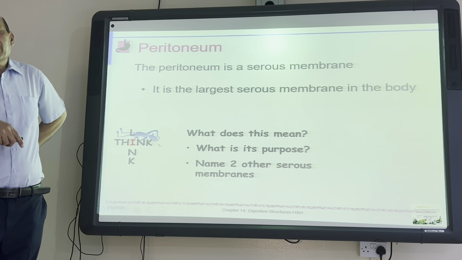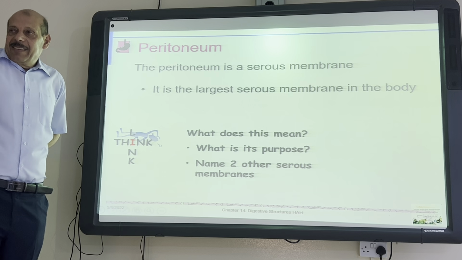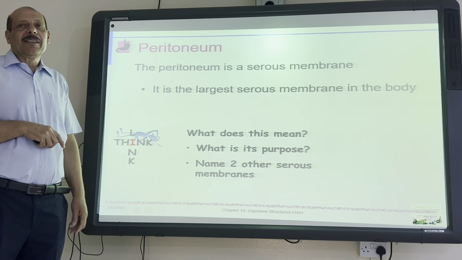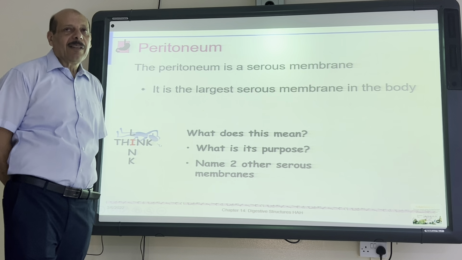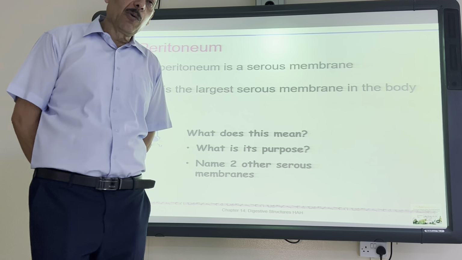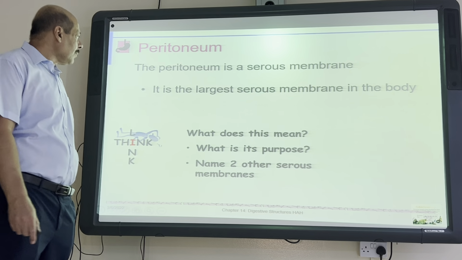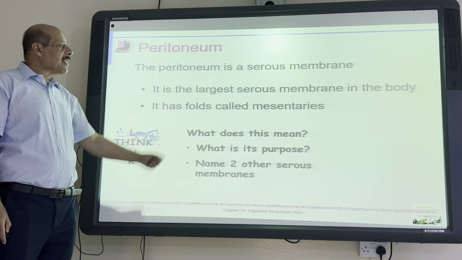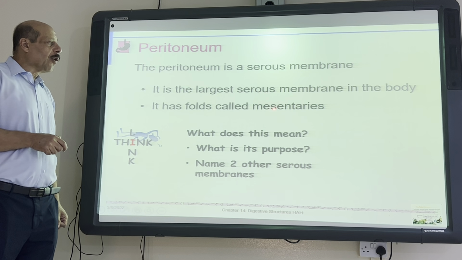Where do you find the serous membrane also? In the heart, around the heart. And where? Around the lung, the pleural and the pericardial layer. So it has folds, which are called the mesentery.